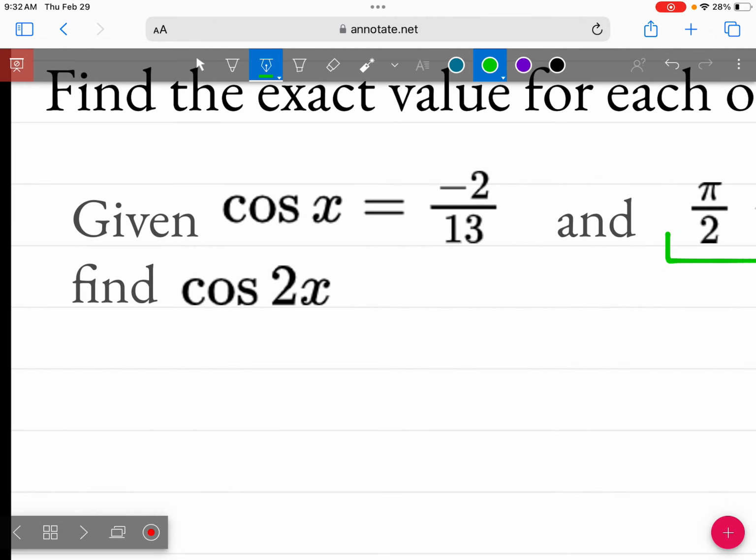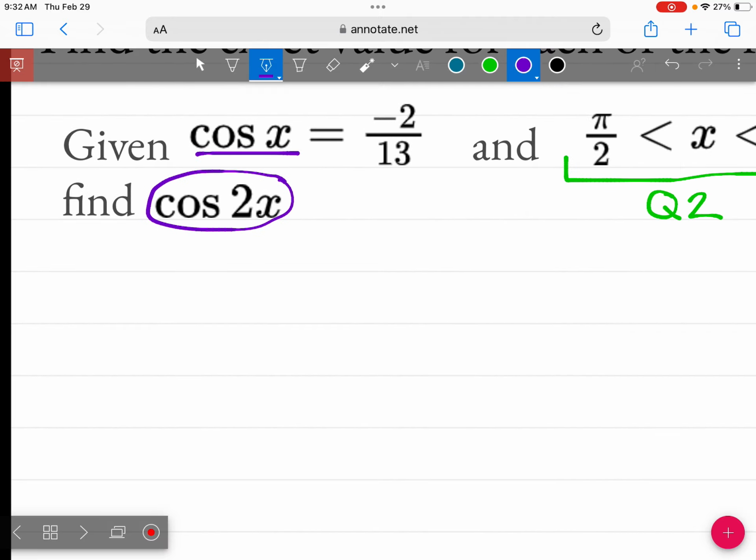Because since we're asked for cosine, and we're given cosine, don't we have a cosine formula that only uses cosines? Then we don't need to even draw the triangle. We have enough information from here to just go.